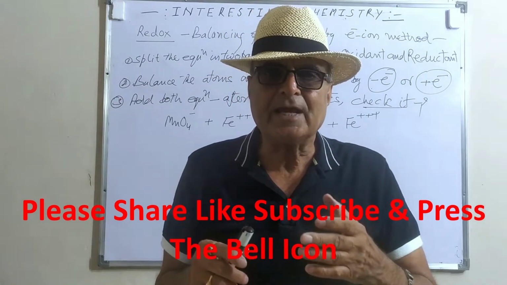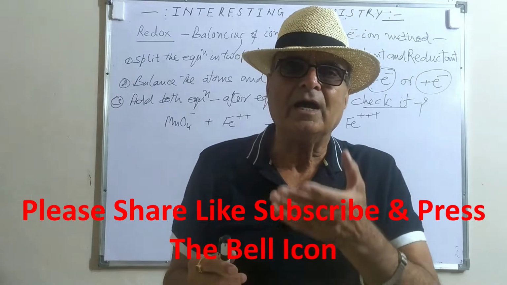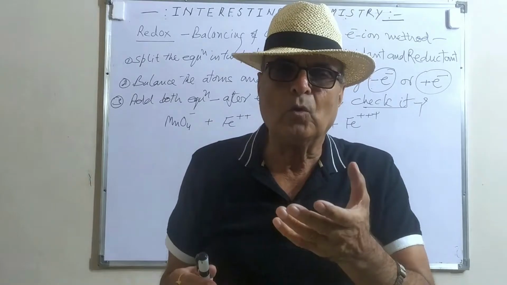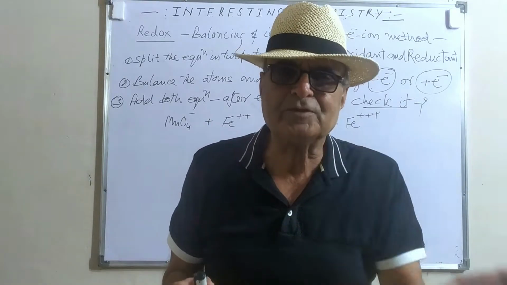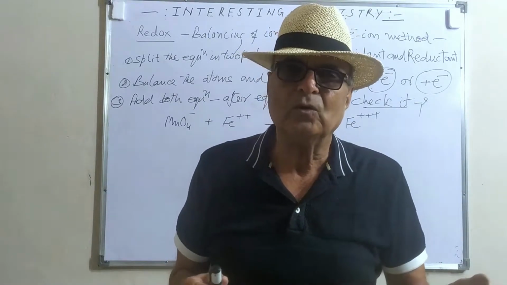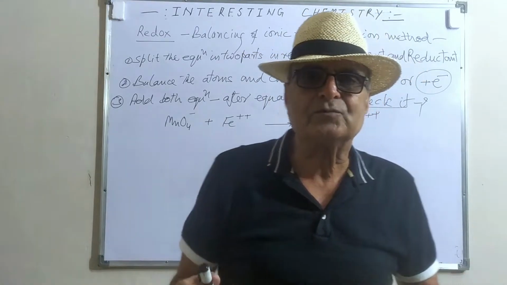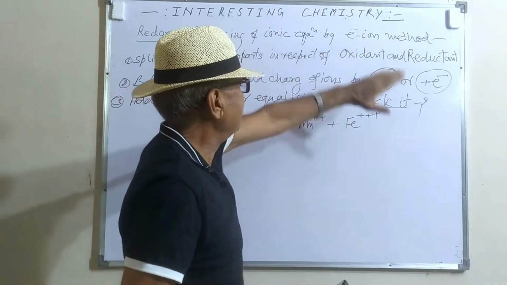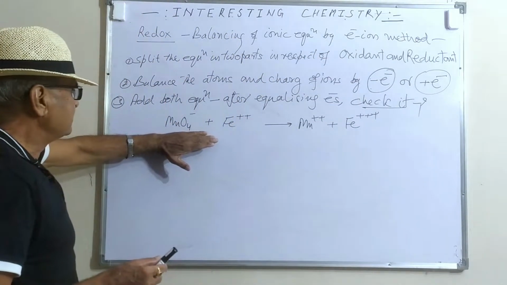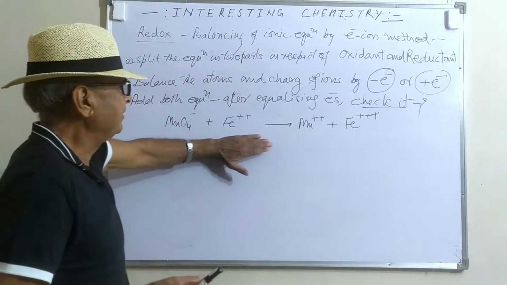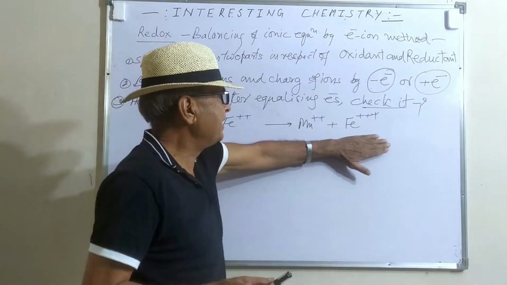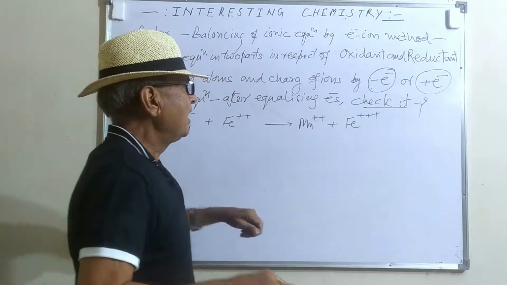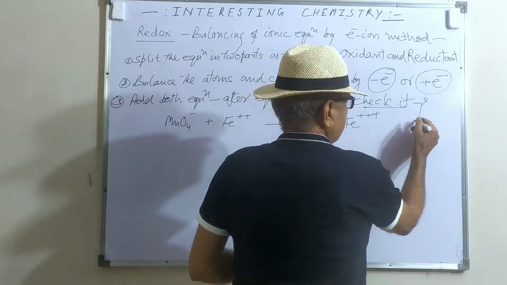I explained the oxidation number (ON) method in my previous video, and now I will tell you the electron ion method. Suppose this is an equation that you have to balance with the electron ion method in acidic medium.